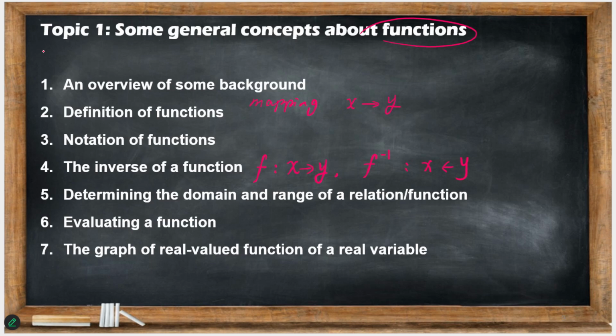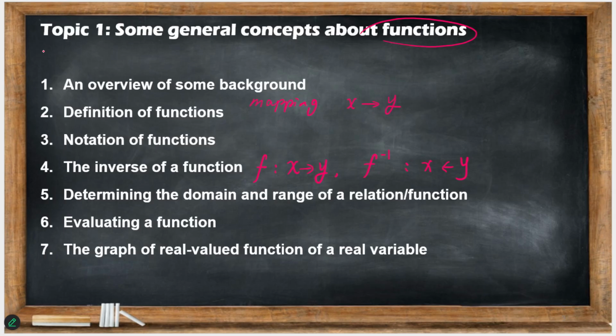So it's just the inverse process of the original mapping. And the domain of the inverse is the range of the original, and the range of the inverse is the domain of the original. They are actually opposite, right?